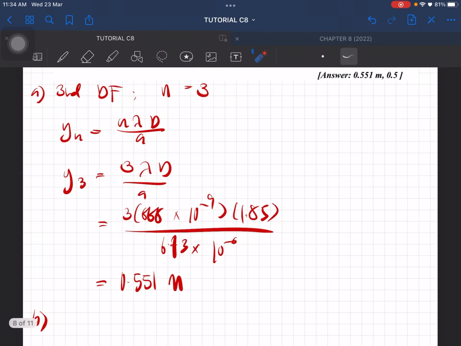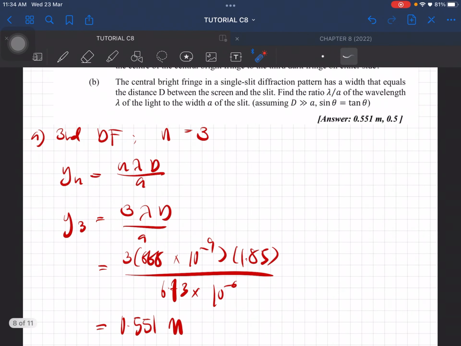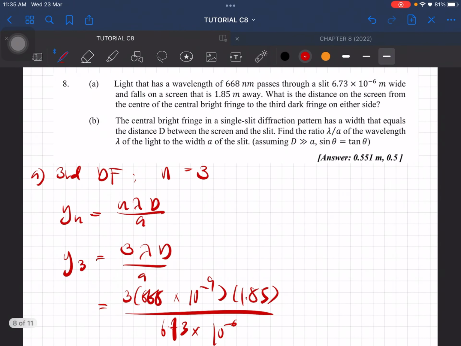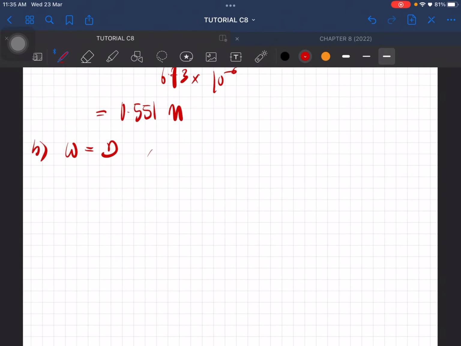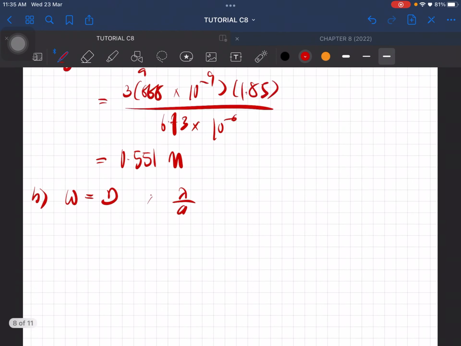Question B. The central bright fringe in a single slit diffraction pattern has a width that equals the distance D. So the width of the central fringe is equal to D. We have to find the ratio of the wavelength lambda to the width of the slit.